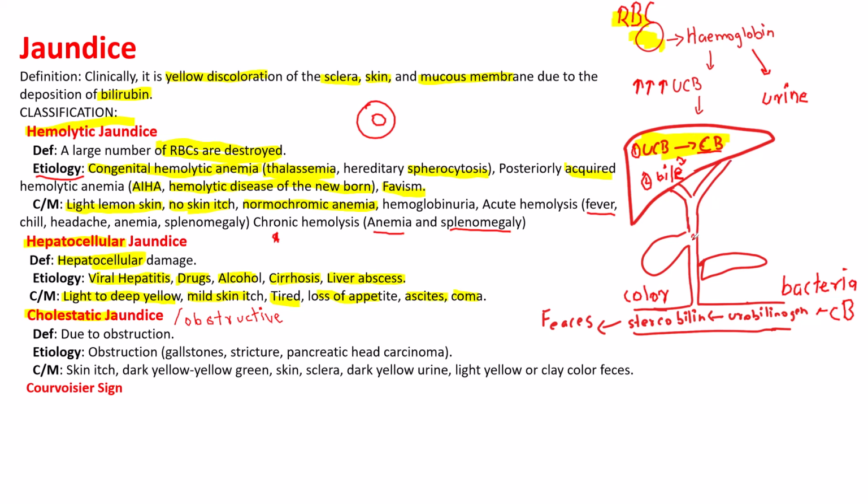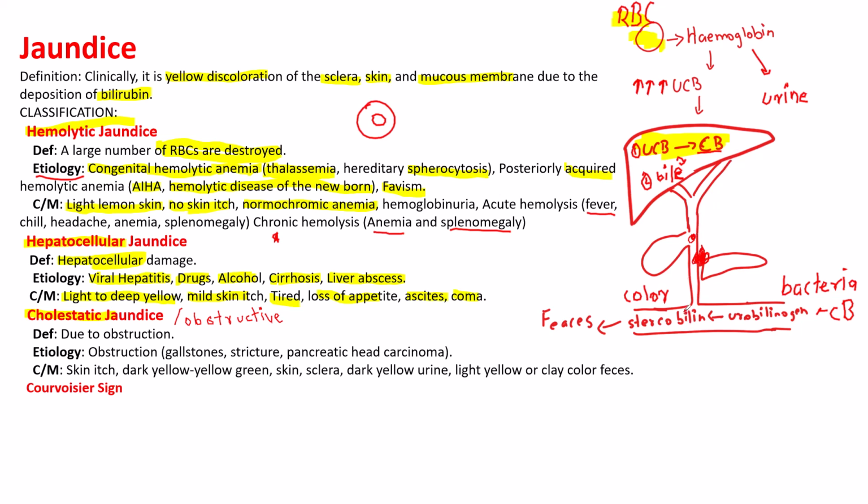Maybe we have a stone here. Maybe it is due to some tumor. This is our pancreas, which is connected to this extrahepatic biliary system, and sometimes we have cancer in the head of the pancreas, which causes a blockage in the flow of the biliary system. So due to the cancer, everything else is normal. The liver is producing conjugated bilirubin, but that conjugated bilirubin cannot flow to our small intestine.